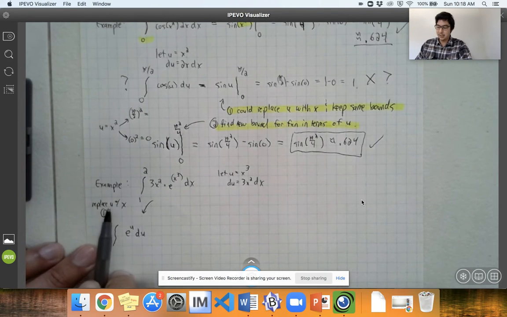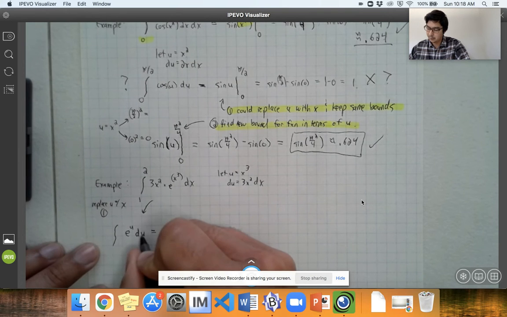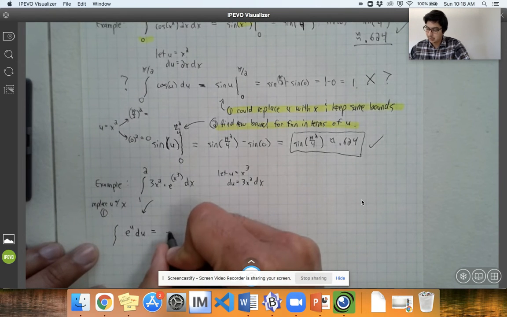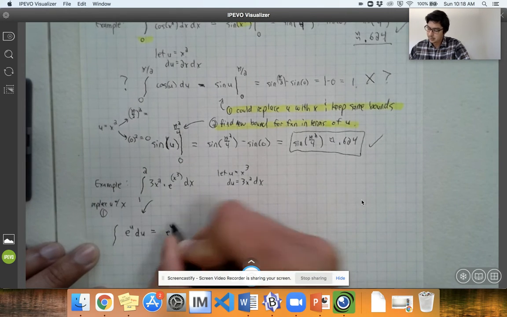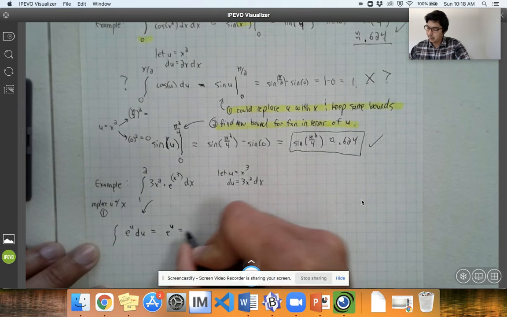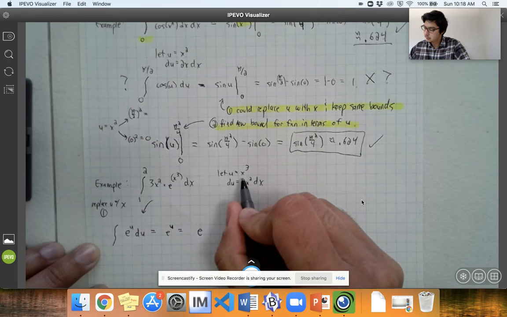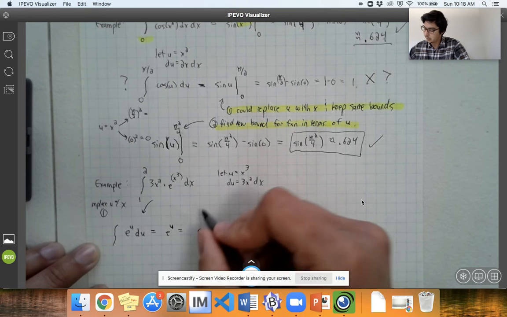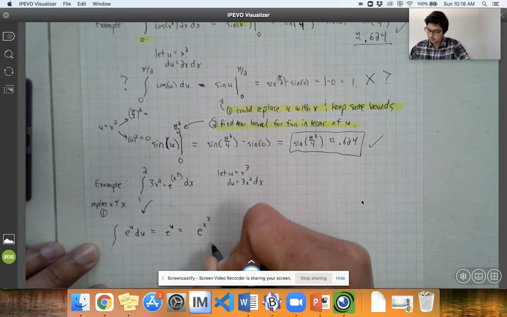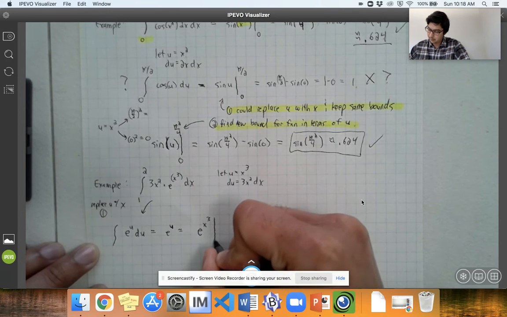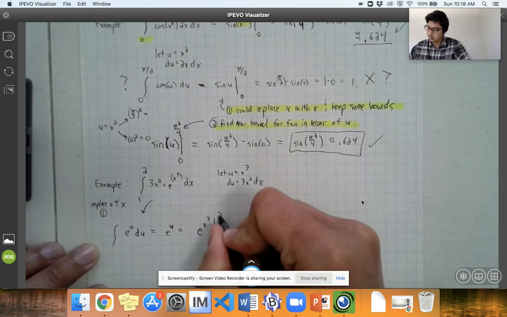And then we're going to replace u with x, after the antiderivative. The antiderivative of e to the u du is just e to the u, and then we replace u with x, so we make this e to the x to the third again. And then we're going to evaluate it from 1 to 2.